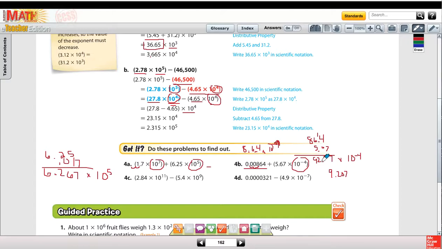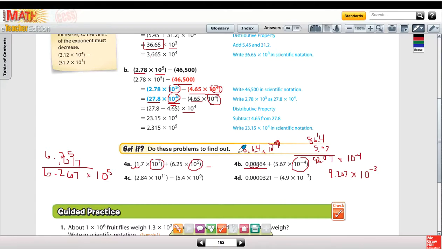And since we helped it out by moving it back 1 already, we'll change that 10 to the negative 4 to 10 to the negative 3. Okay, again, this is very tricky in my opinion. You might pick it up right away, but in my case, I definitely have to check my work on these.